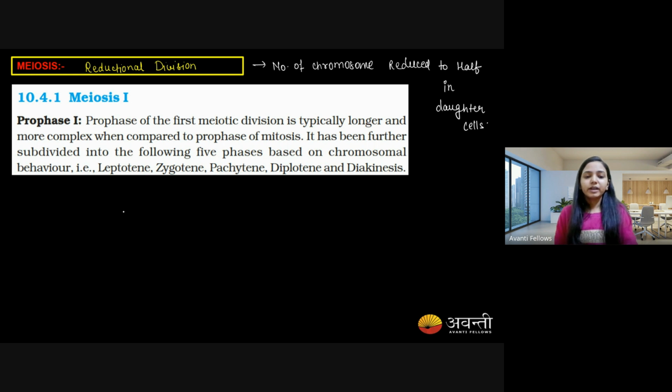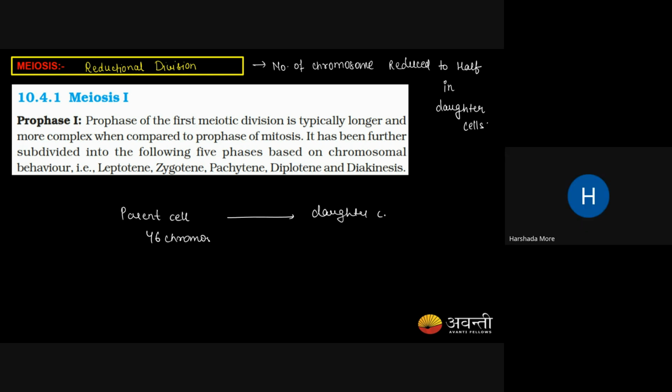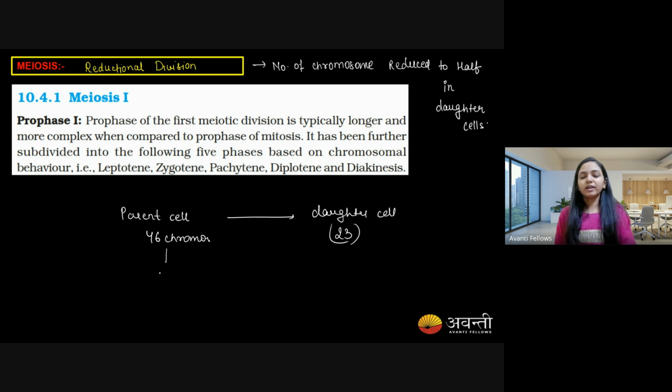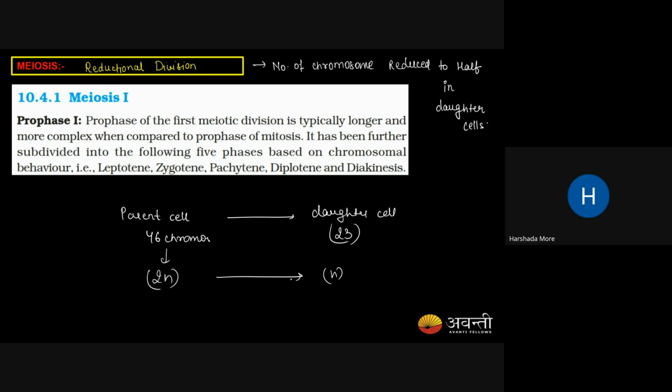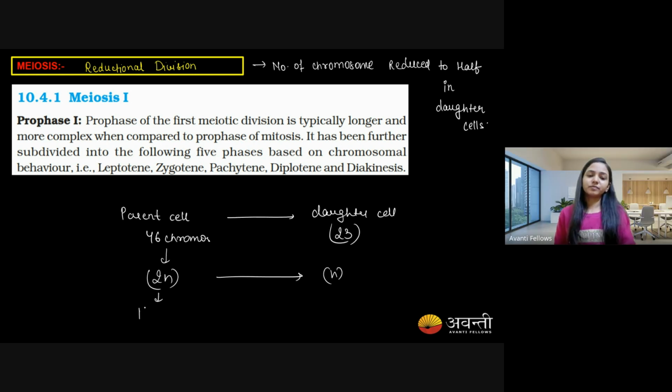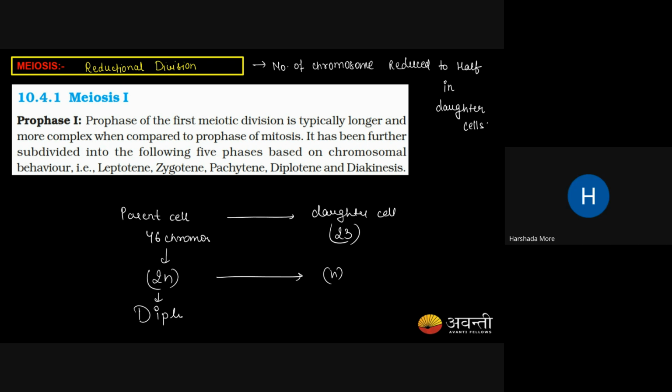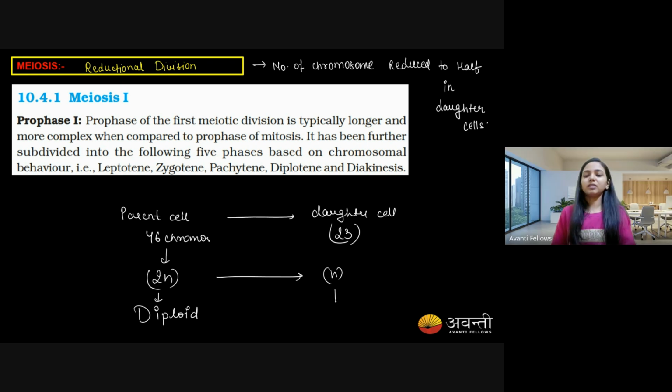Let's suppose in a parent cell we have 46 chromosomes, then in the daughter cell how many chromosomes? 23. We can write it 2n. And 2n is known as diploid, and n is haploid.